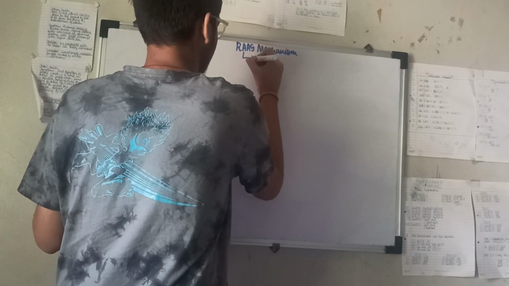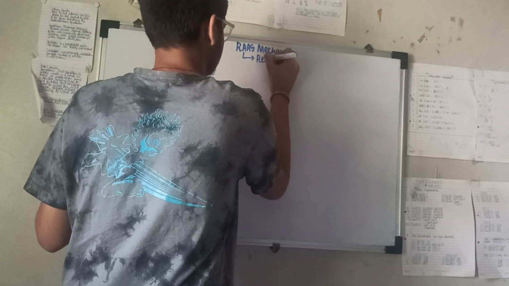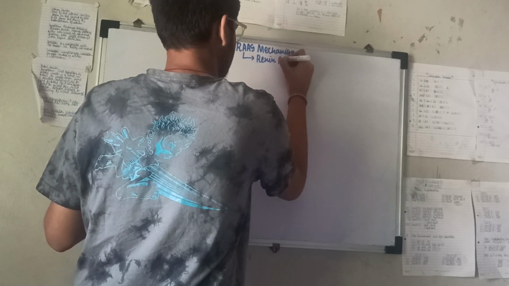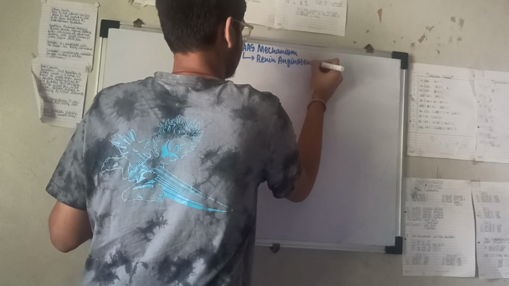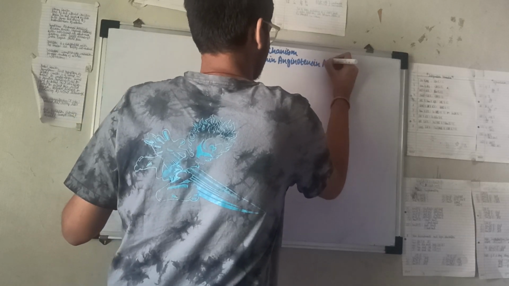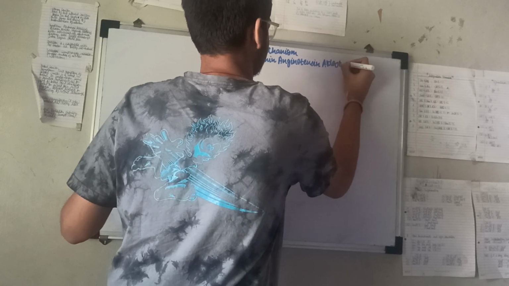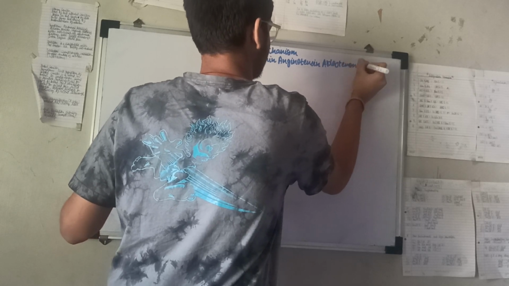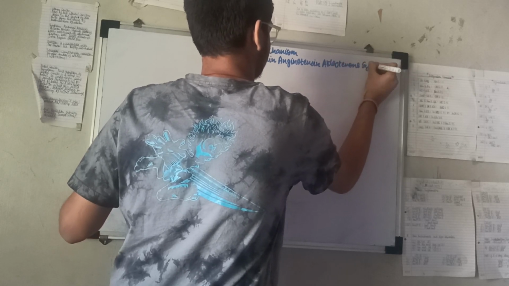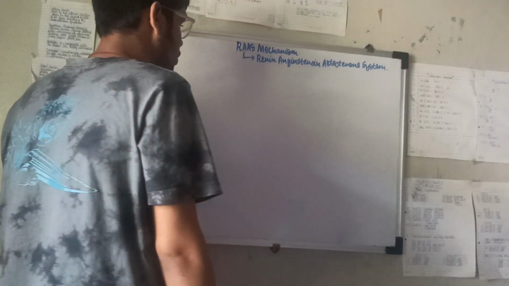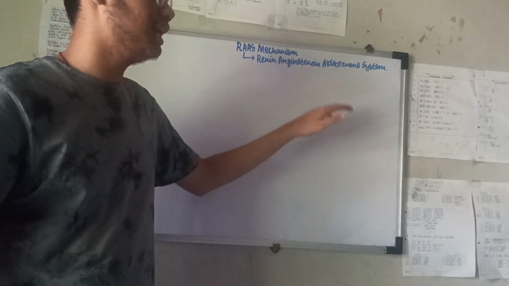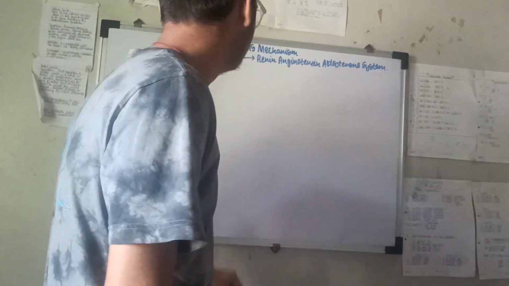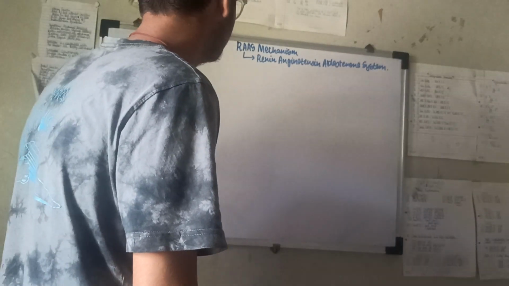The full form of this mechanism is renin angiotensin aldosterone system. This is the RAAS mechanism.